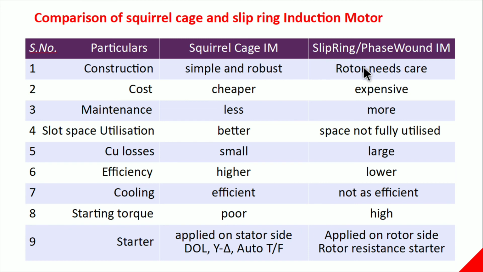This needs care. It's not that simple. Then the cost of the motor. Squirrel cage is cheaper, and slip ring is more expensive. Maintenance required is less in the case of the squirrel cage motor, and more in the case of the slip ring induction motor, due to its parts which supply current from the stationary to the rotating member.